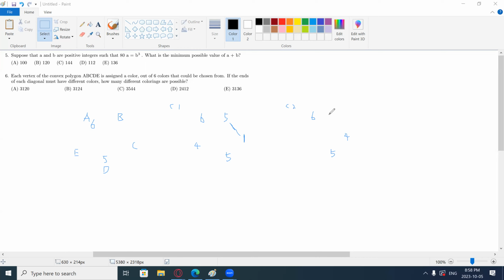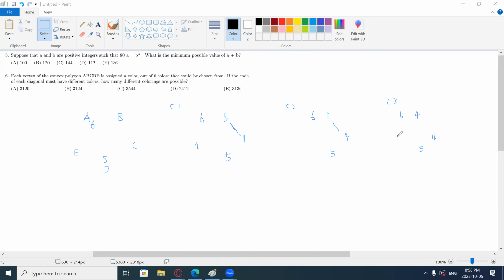At B, you can choose either the same color as the one over here at C, which is only 1 color, or the second option is we can choose a different color from C. So there will be 4 choices because we're not choosing the same color for B as the color of C and D.